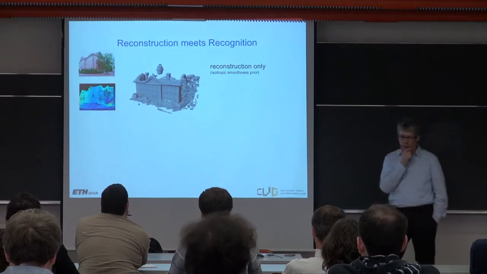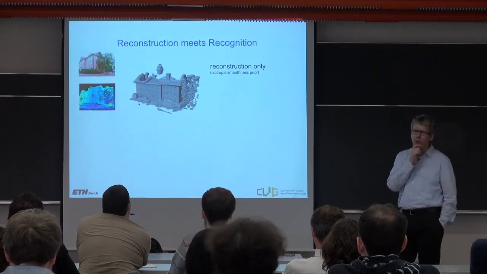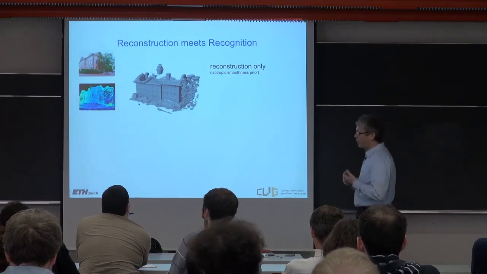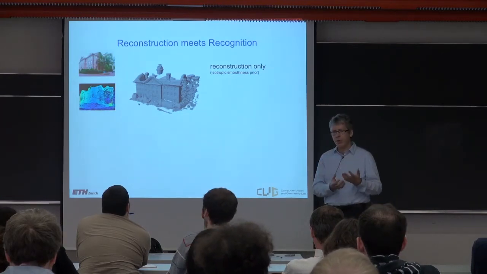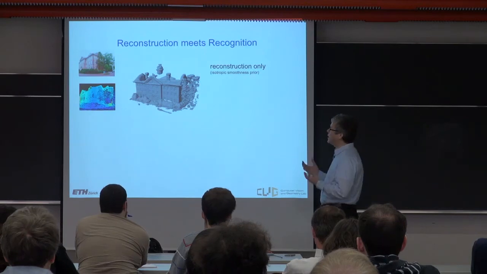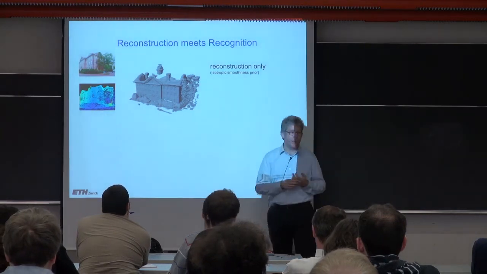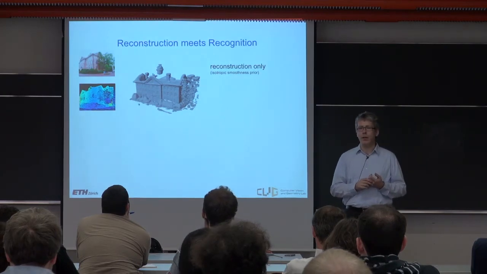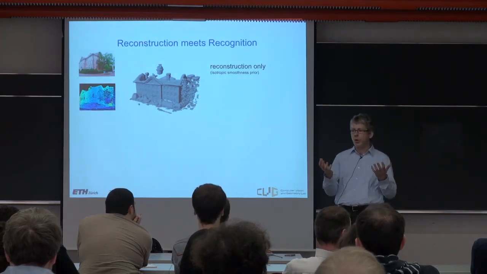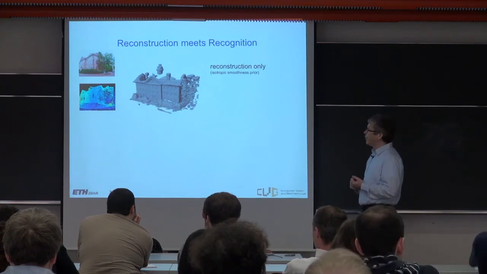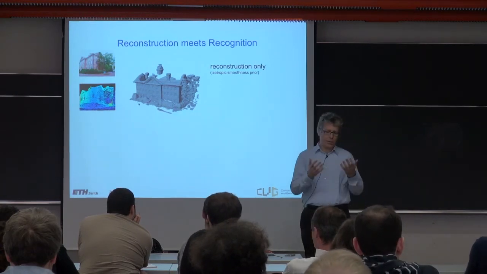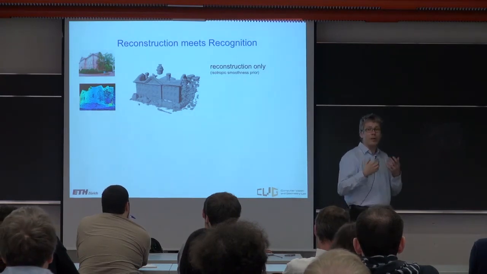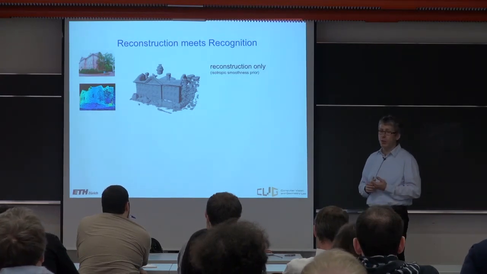Okay, so what I wanted to talk about today is 3D reconstruction from images, but at the same time bring that together with recognition. So in the area of computer vision, there are two big problems. One of them is, given a number of images, to extract geometric information from those images.